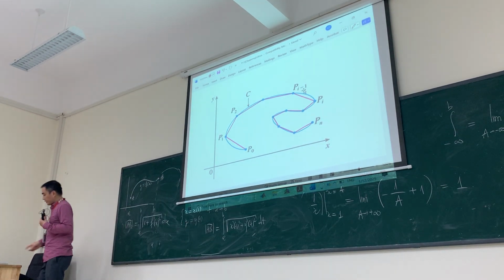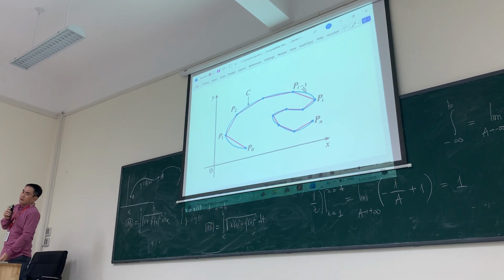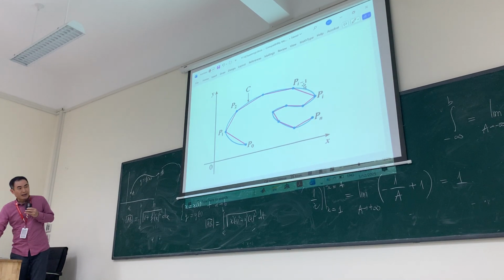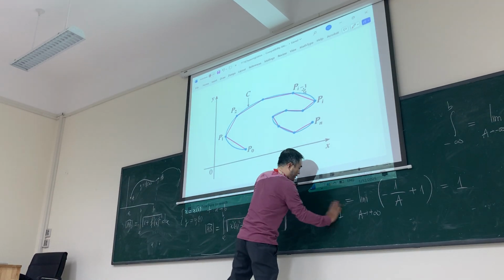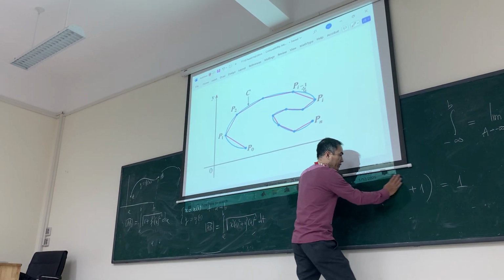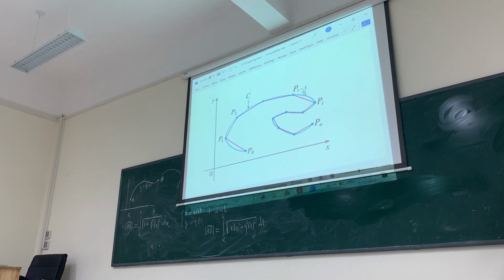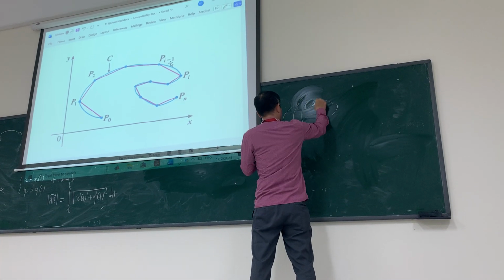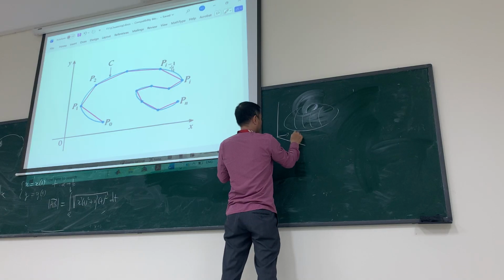Okay, now continue. We can use the definite integral to calculate the volume of a solid in a plane. Now, how to construct the formula for the volume of a solid in a plane? Now, we have the object, it belongs to a plane.